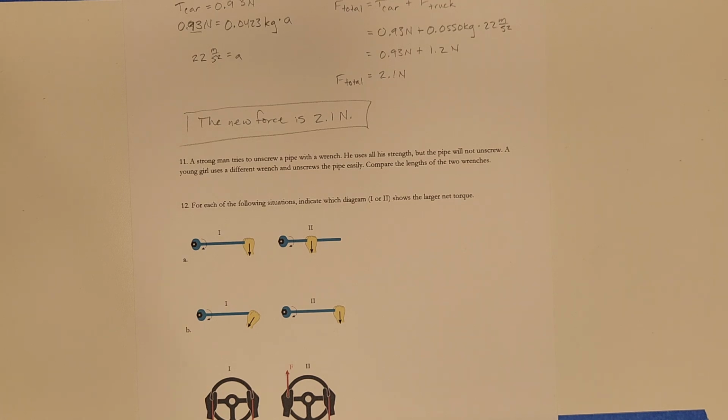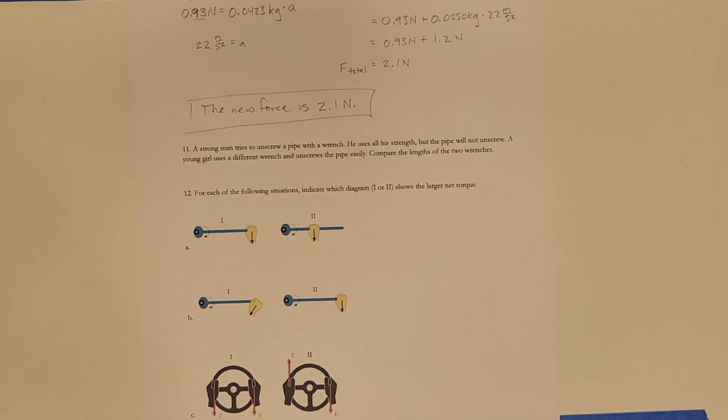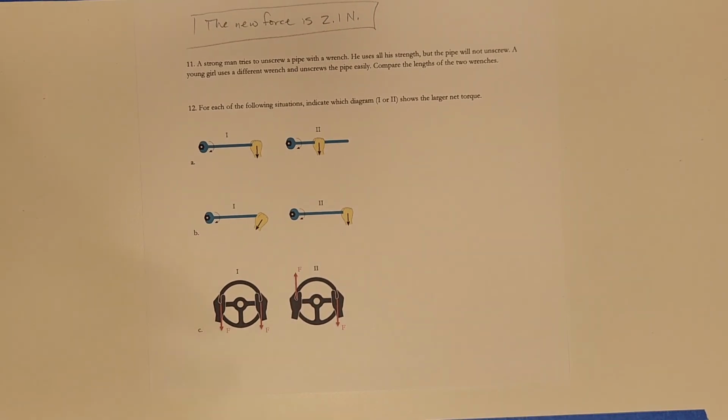So the wrench that the young girl is using is much longer than the one that the strong man used, therefore giving her more rotational force, more torque on the wrench to unscrew that pipe, and that's how she's able to do it.